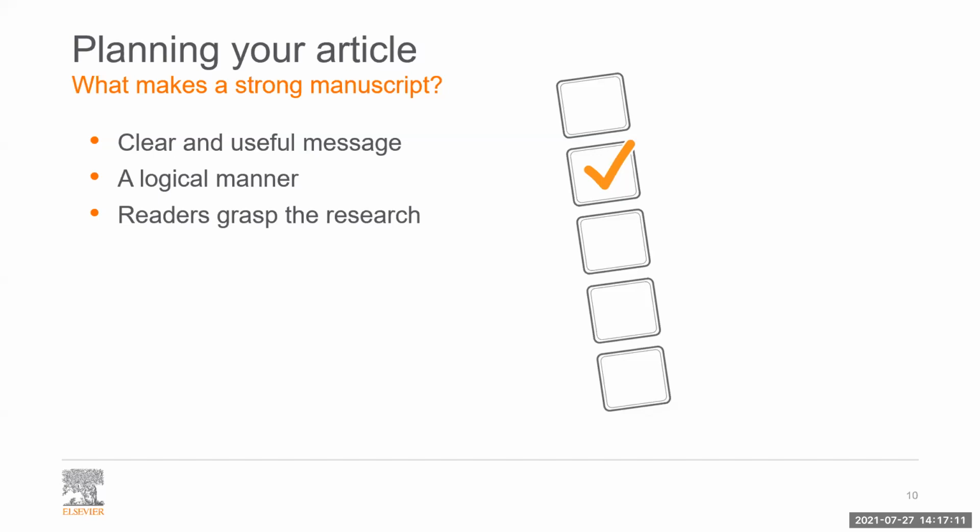Second, the message needs to be presented and constructed in a logical manner that enables the reader to arrive at the same conclusion as the author, and the format chosen best showcases that material. If you have questions about how your article should be laid out for a journal, just look at some of the recent articles published in it, and you can get an idea of what the editor's looking for.